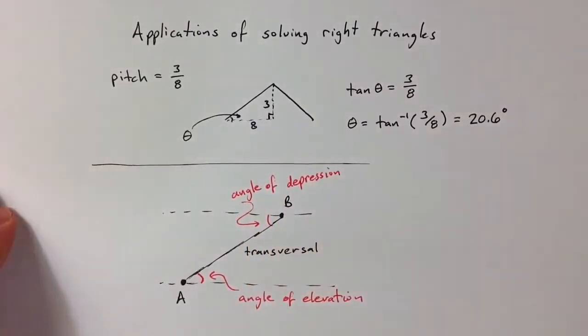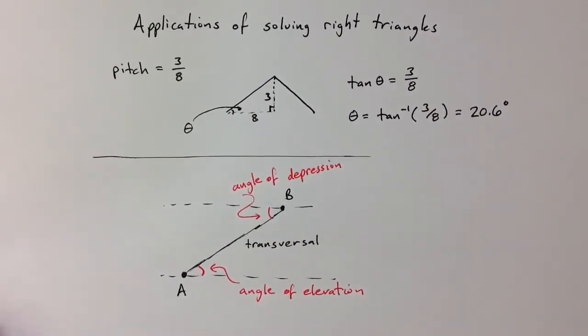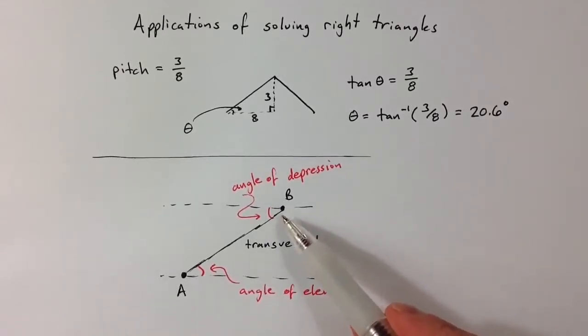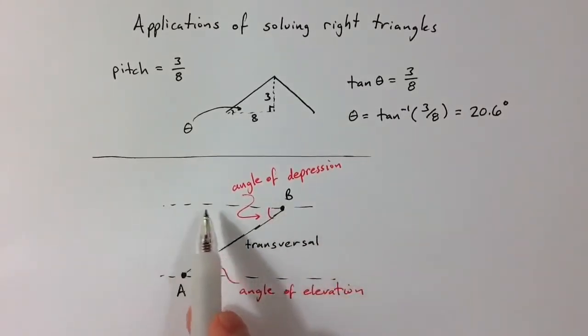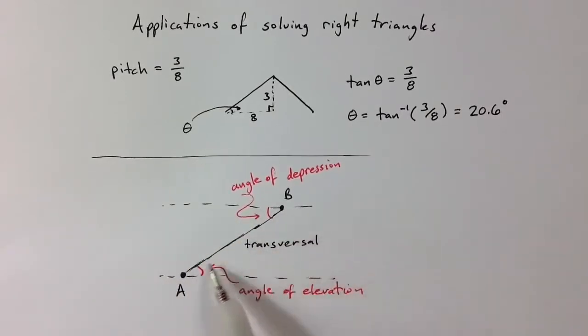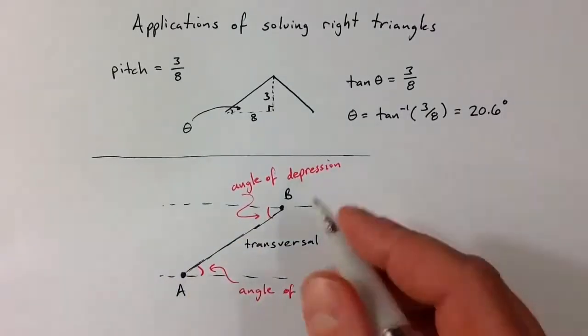A couple things to note here: in this diagram, the angle of elevation and the angle of depression are going to be the same. Those two are congruent angles. Both of them are going to be between the horizontal and the transversal. Sometimes it can be a little bit confusing.